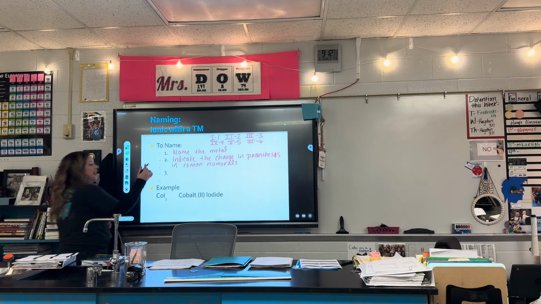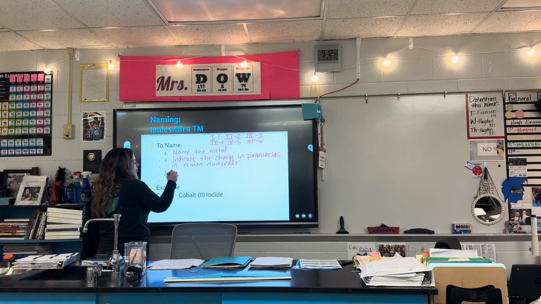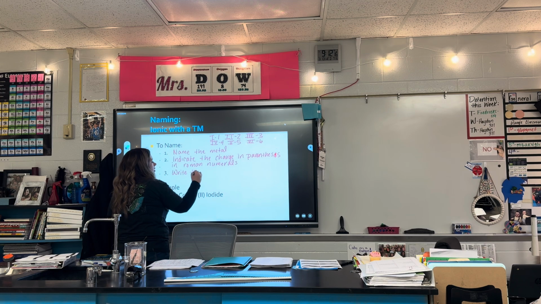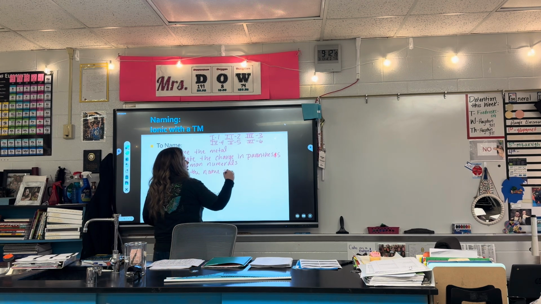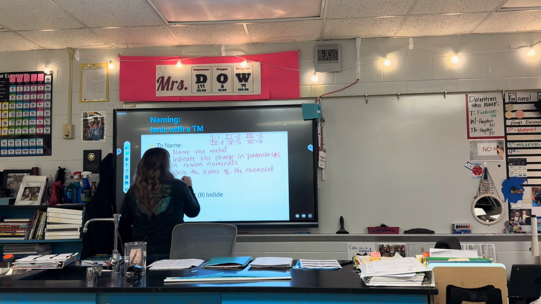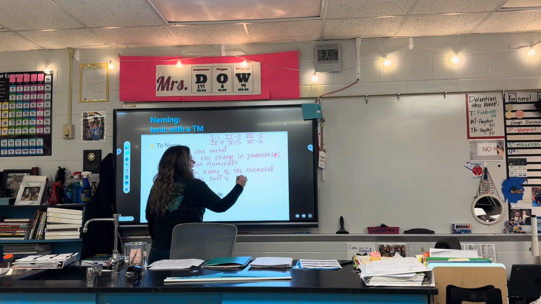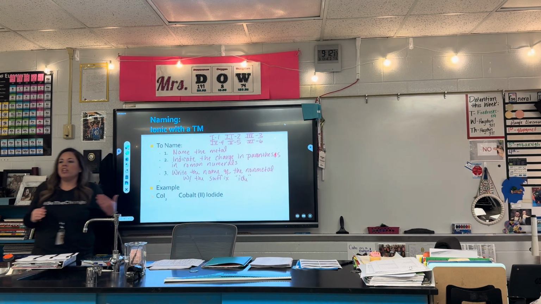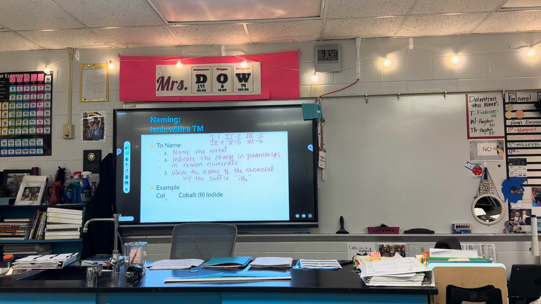All right, and last step, we're going to write the name of the nonmetal with the suffix "-ide". So what is the only difference when we have a transition metal, when we go to name it? Roman numeral. The only difference is the Roman numeral, step number 2. That's the only difference, is adding in the charge of the metal in Roman numerals.